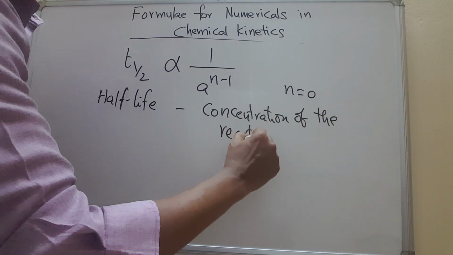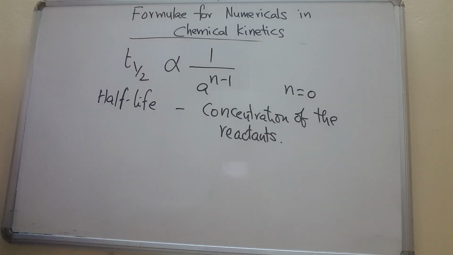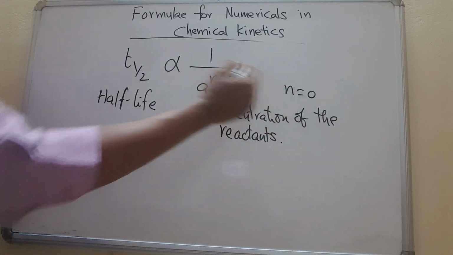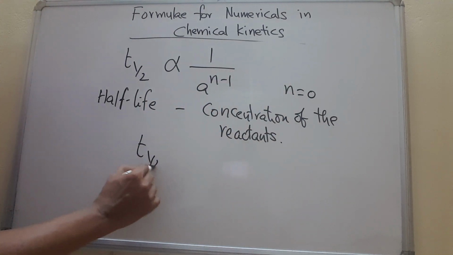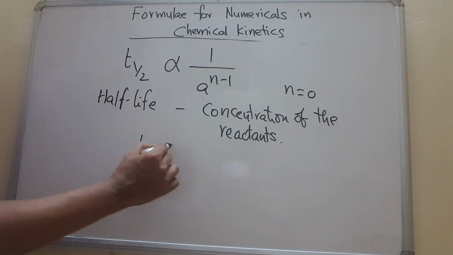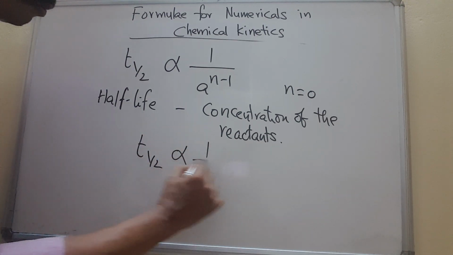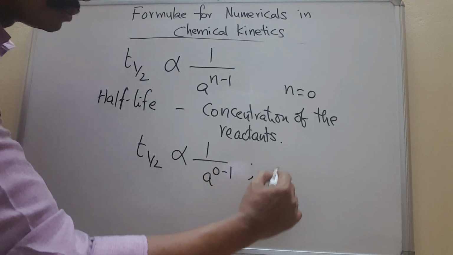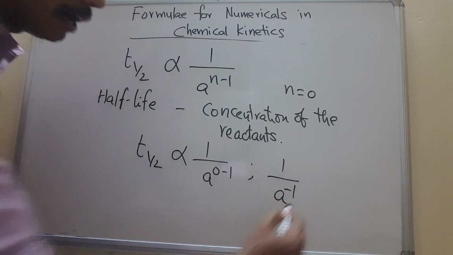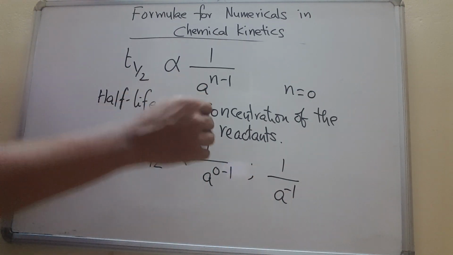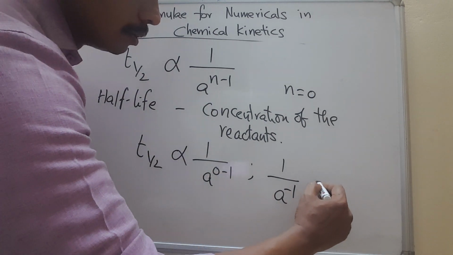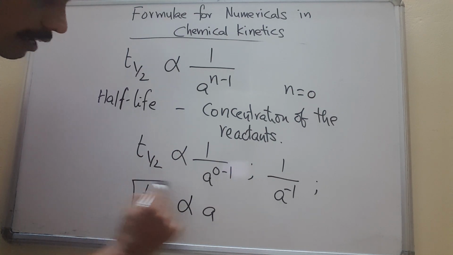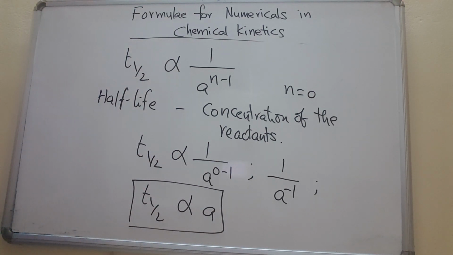For example, for n equal to 0, t half is proportional to 1 by a power 0 minus 1, that becomes 1 by a power minus 1. Minus 1 means a. So t half is directly proportional to a. That is for a zero order reaction.